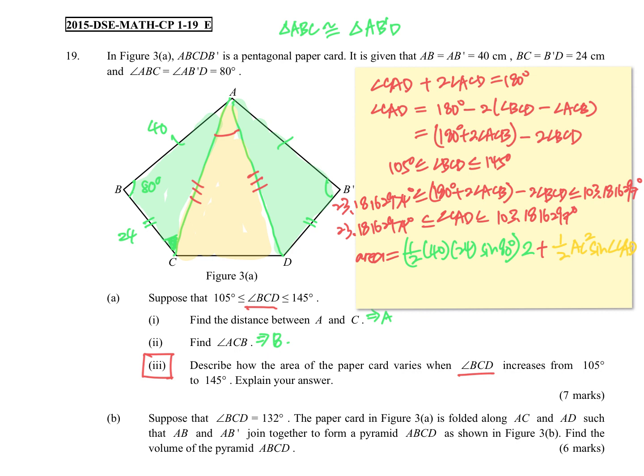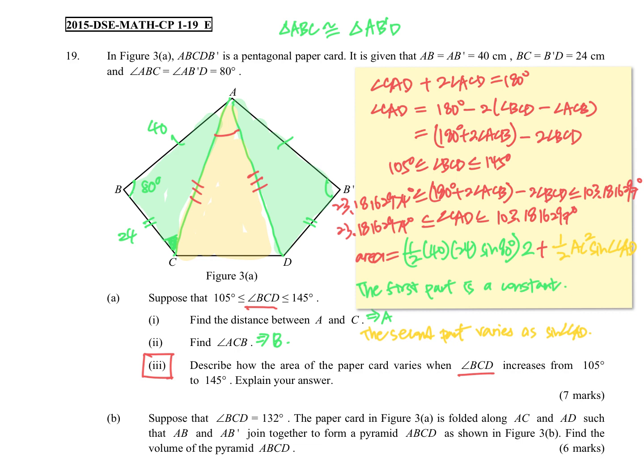You can see that the green part is constant. So the first part is a constant, while the second part varies as sine angle CAD.